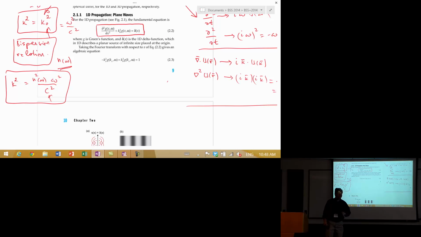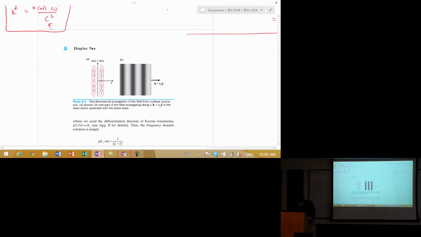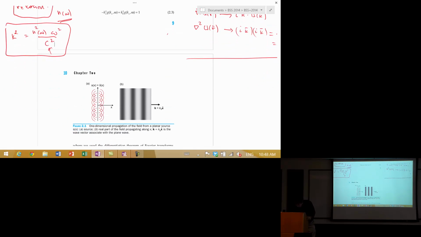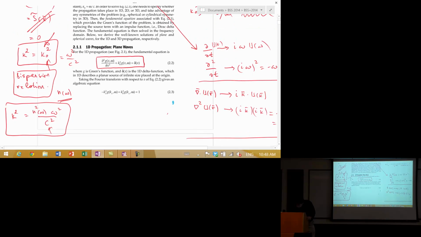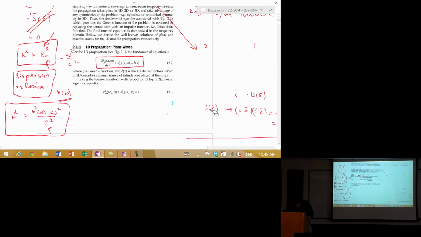Okay. I want to review two things. Imagine you have a source that is actually an infinite wall on the x-axis that emits light. That means my wave equation becomes one-dimensional, so I have a source that is a delta function in x. So the situation is like this.